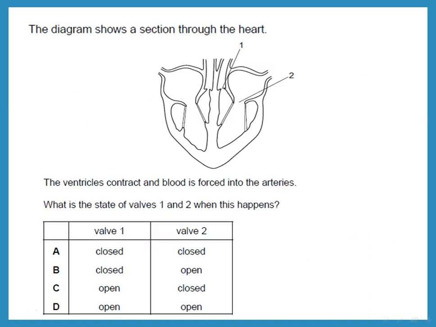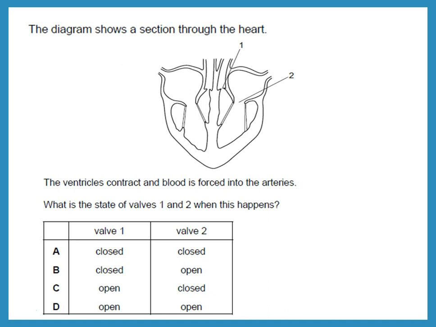The diagram shows a section through the heart, the ventricles contract, and blood is forced into the arteries. So, what is the state of valves 1 and 2? Remember, when the ventricles contract, the blood has to be forced into the arteries through valve 1, and that means valve 1, which is the semilunar valve, should be open.